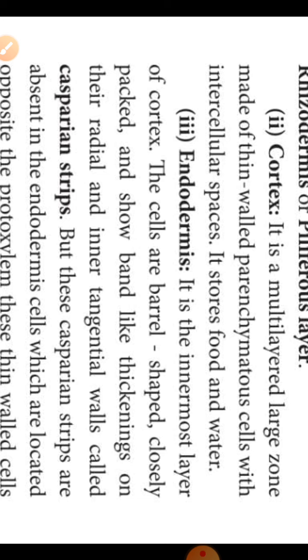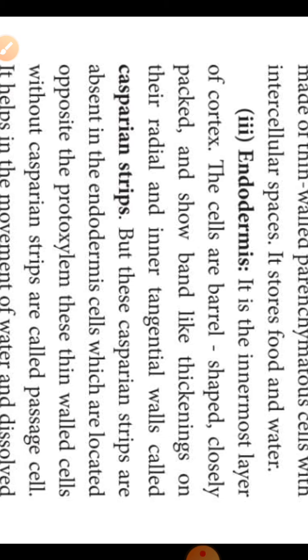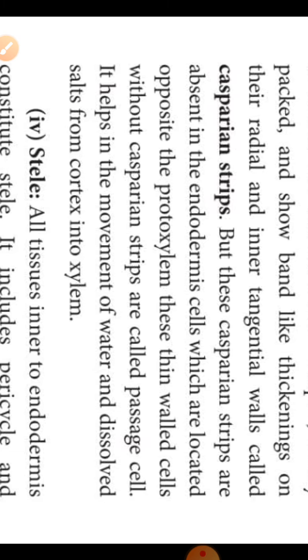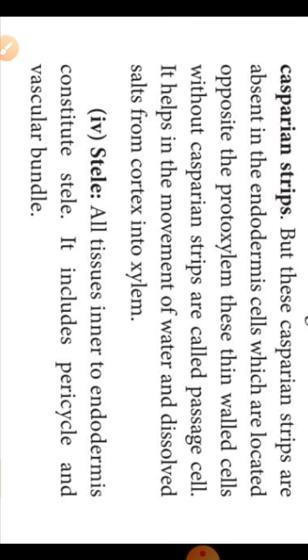But these Casparian strips are absent in the endodermis cells, which are located opposite the protoxylem. These thin wall cells without Casparian strips are called passage cells. It helps in the movement of water and dissolved salts from cortex into xylem. Stele, all tissues inner to endodermis constitute stele. It includes pericycle and vascular bundle.